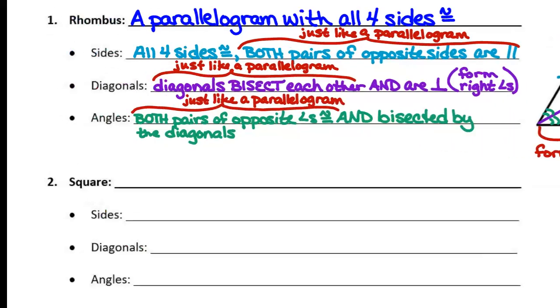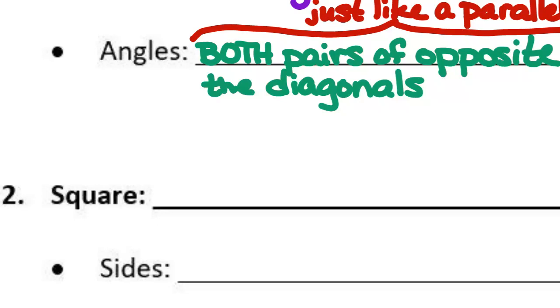A square is a parallelogram with all sides congruent and four right angles.